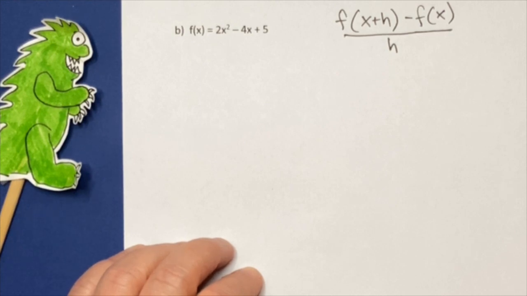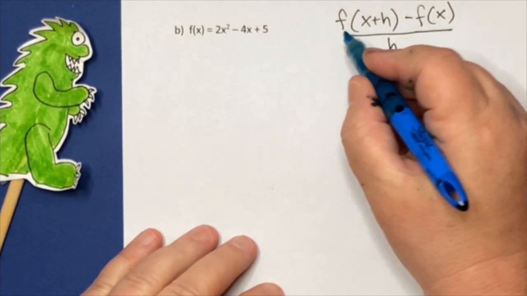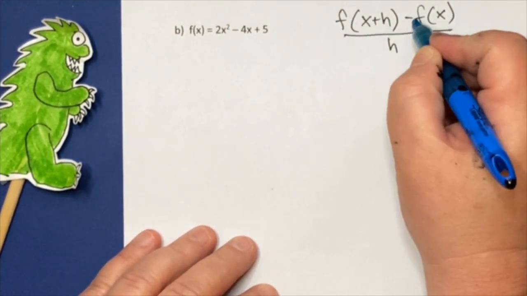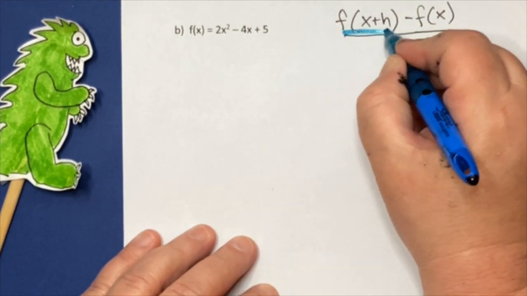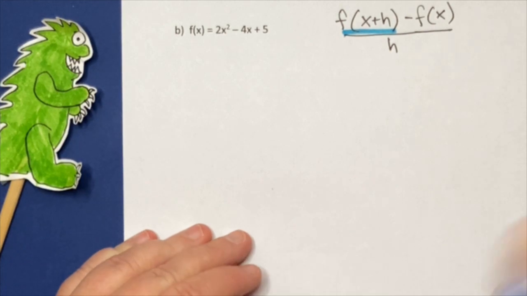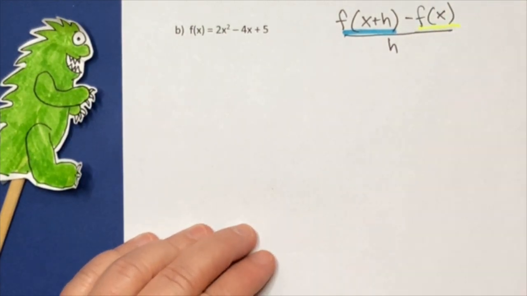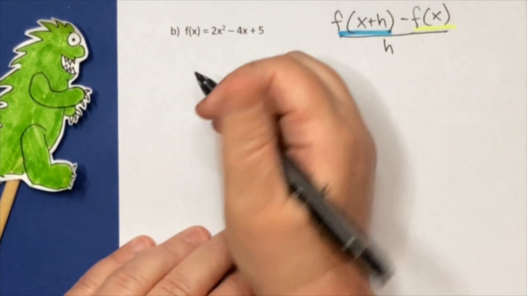But we're going to go ahead and break this down, and I'm going to remind you, this guy, the difference quotient, the subtracty dividey guy, has a fancy part, and it has a plain part. So let's go ahead.